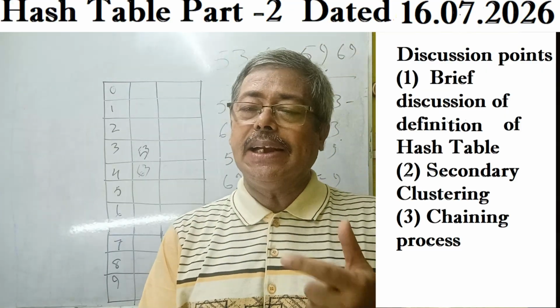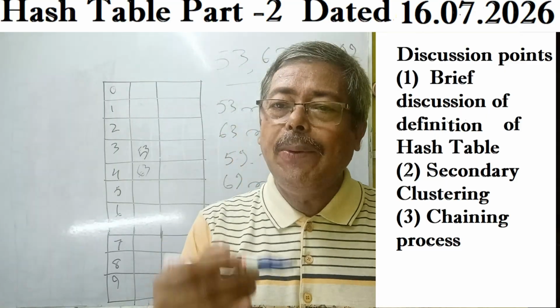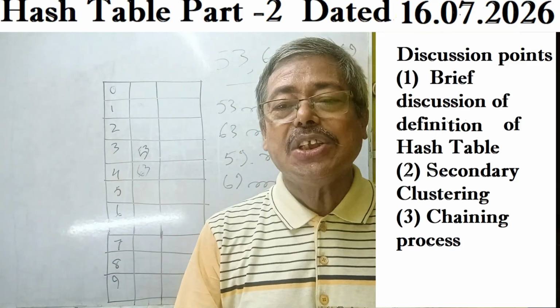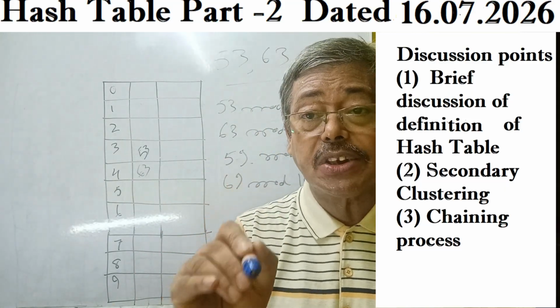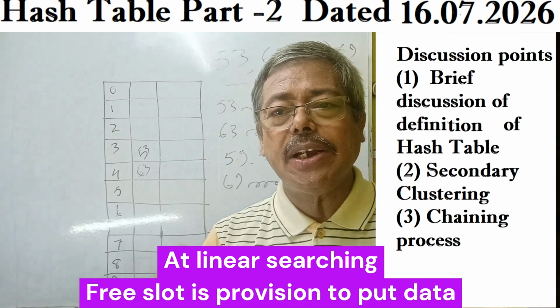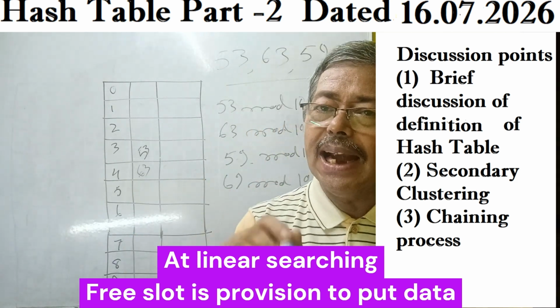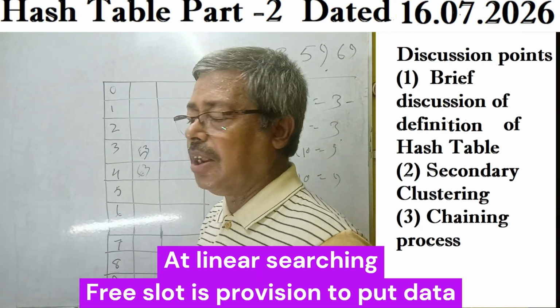If it is not vacant, then I will try the next slot, and then the next slot. In this way, I check in a linear way, each and every slot sequentially. So it is linear probing. If a slot is found vacant, the data will be shifted to that point. So slot number 4 is vacant for 63.